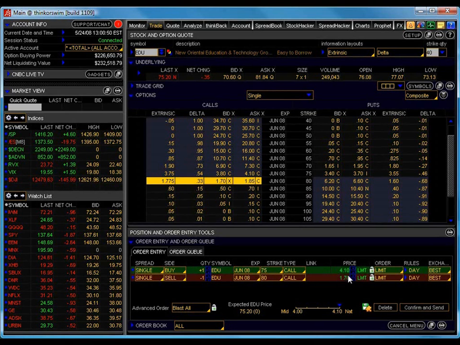We actually get the $1.70 deposited into our account, making our net debit $2.40 for this spread that can be worth $5 at expiration. So our maximum profit is $2.60.